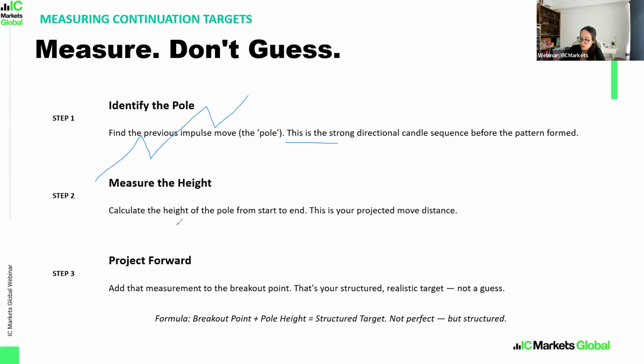Measure from the high: calculate the height of the pole from the start to the end. This is the projected move distance. I'm going to show you how we measure the distance for a flag pattern or pennant. Project forward: add the measurement to the breakout point. A realistic target, not guessing. Let's find an example.